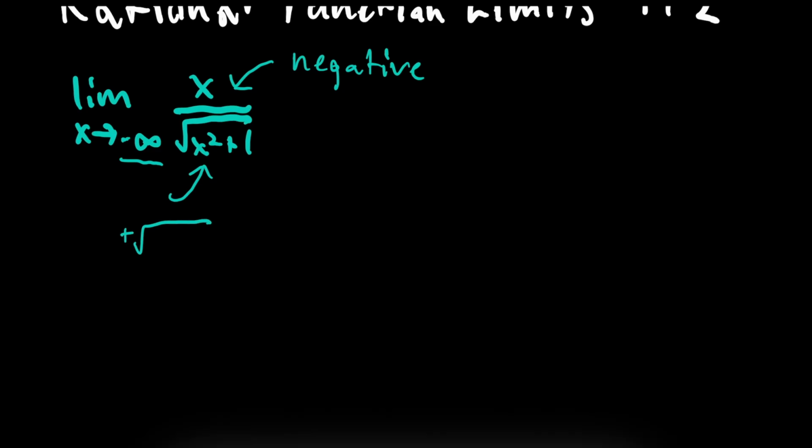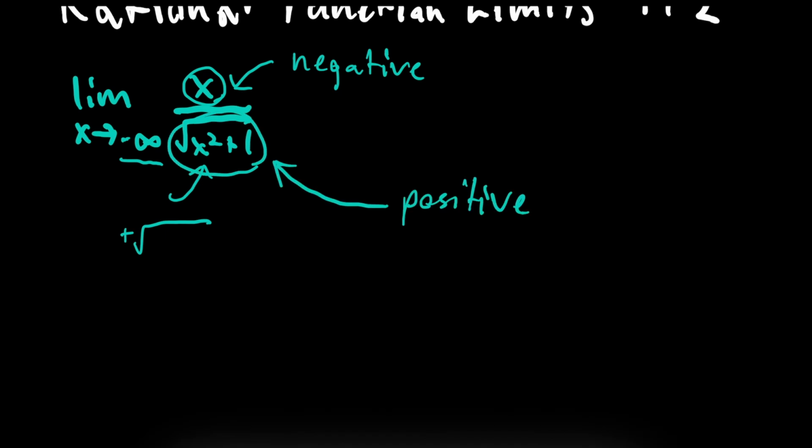You're always going to get a positive root. So this numerator will always be negative, and this denominator will always be positive. So instead of positive 1, we are going to end up approaching the value negative 1.